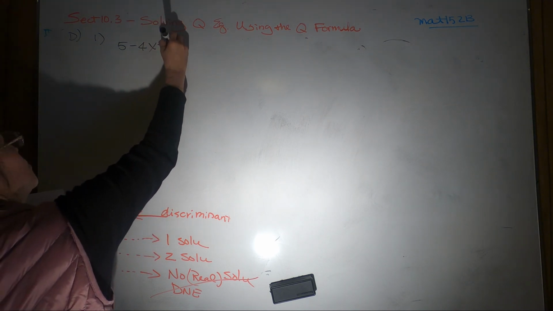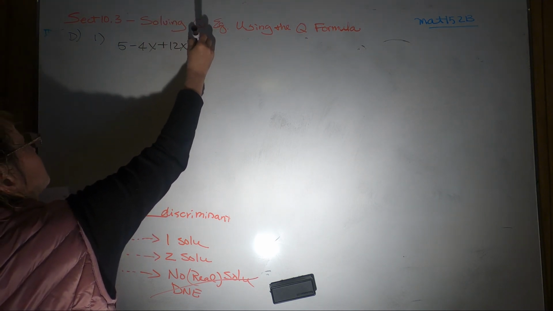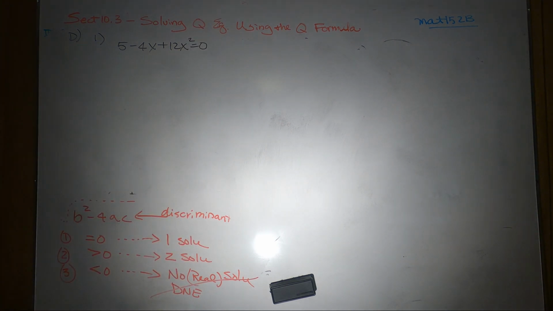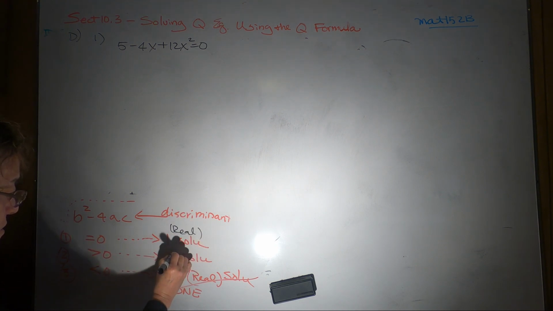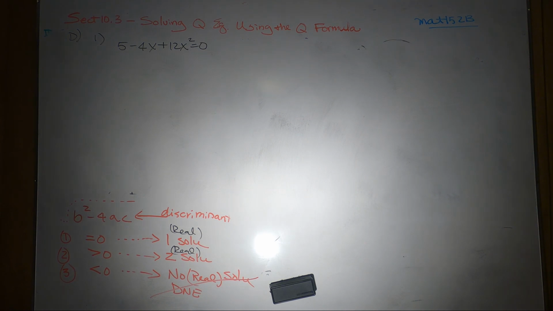If you have this one, we say, what kind of solutions do we have? Do we have real solutions or not? This one is one real solution, and this one is 2 real solutions, right?